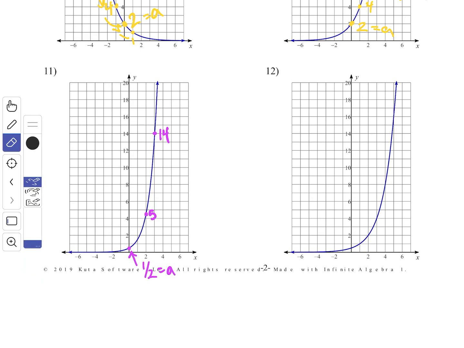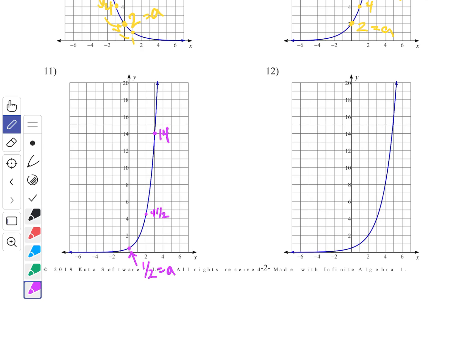Sometimes they get harder to spot. I don't know if that's at 5. No, that would be 4.5, wouldn't it? 1/2 to 4.5. That is going to be a tough one.